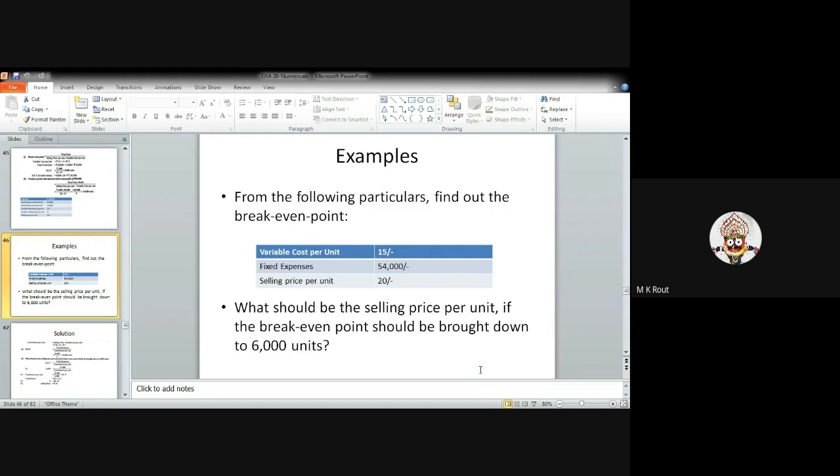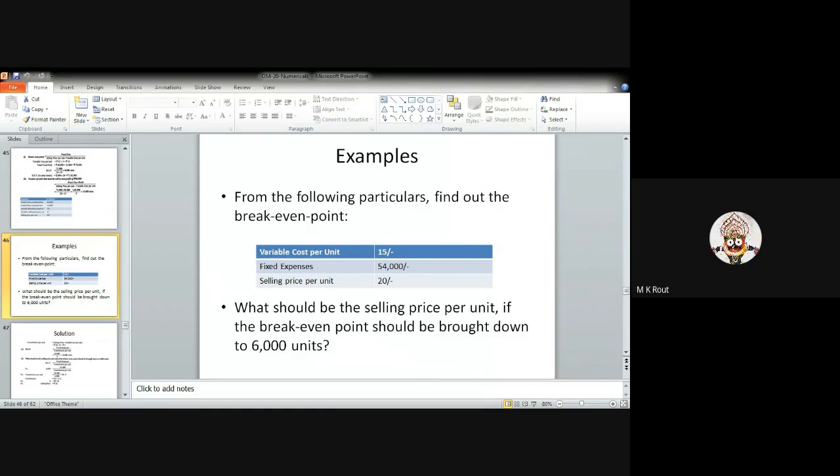I repeat the question. From the following particulars, find out the break-even point, and in the second part you have to calculate what should be the selling price per unit if the break-even point should be brought down to 6,000 units. And the break-even point, yes, 10,800.